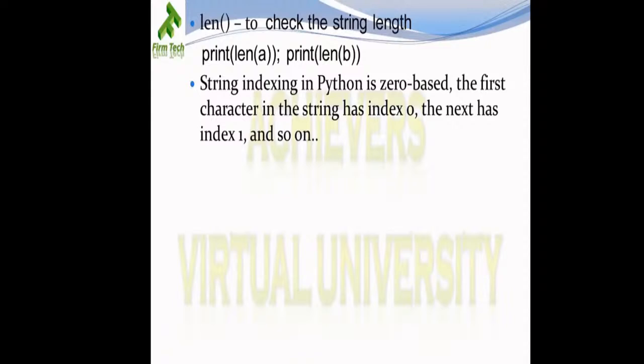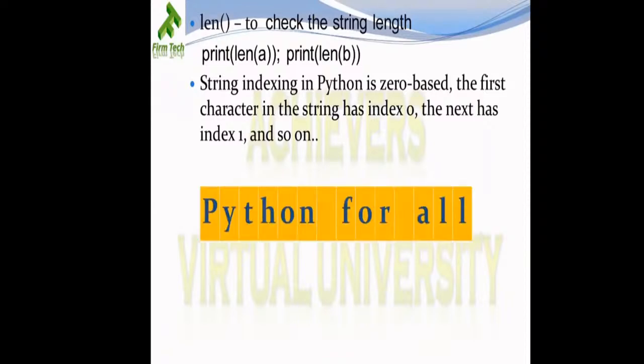And in case of indexing, our index in Python starts from 0. The first character will have index number 0, the next will have index number 1, and the next to that will have index number 2, and so on.